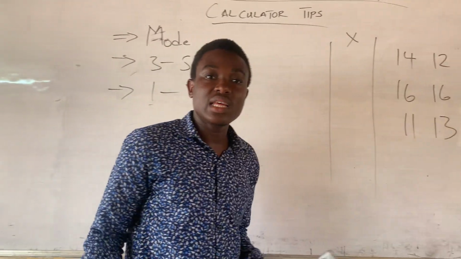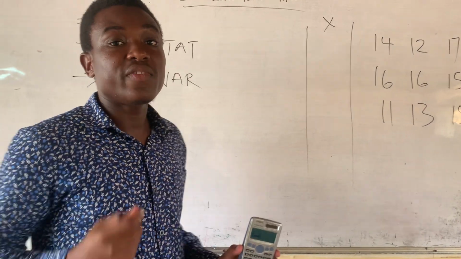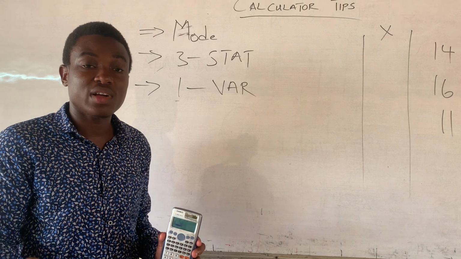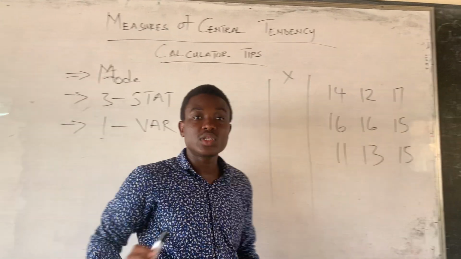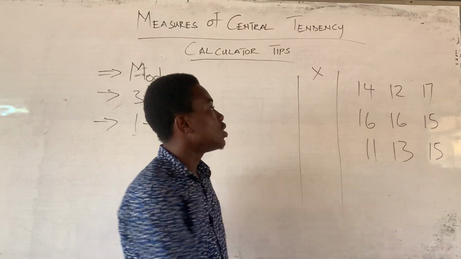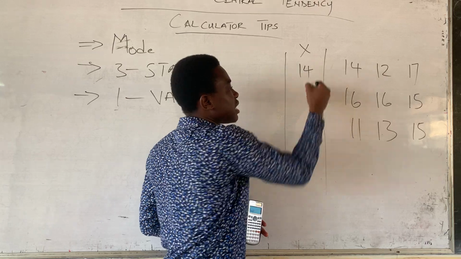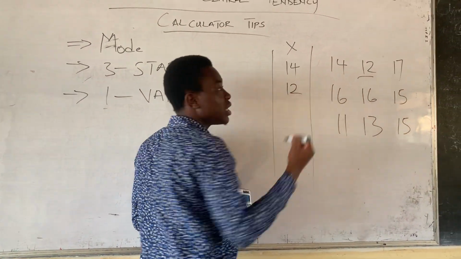In entering the data, what you realize is that for each value you want to enter, you press equal to after typing that value. If you take the first one, 14, you press equal to and it appears there. You take the second one, press equal to, it appears there.